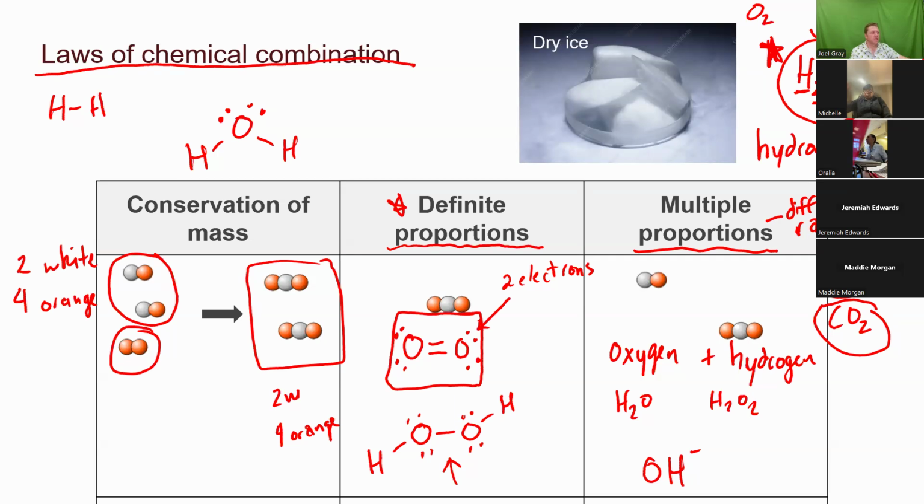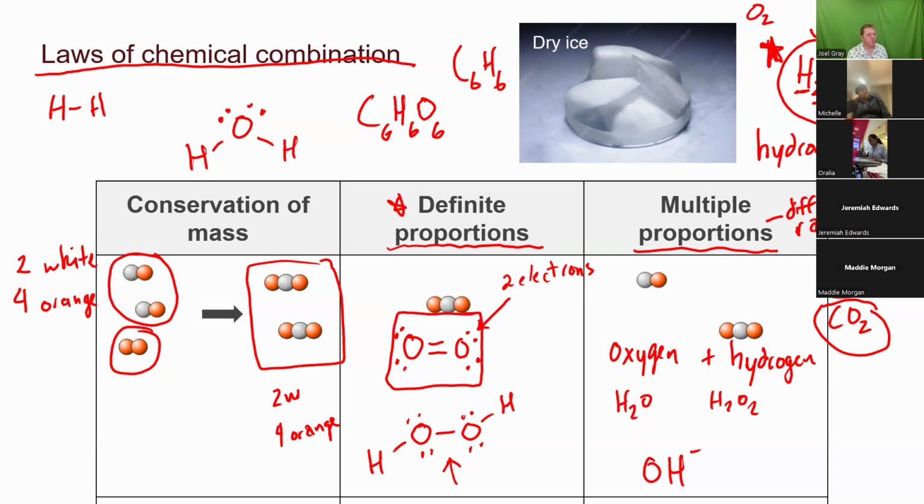So these are definite proportions. Whenever we introduce a new compound, I'll give you a formula. I'll say C6H6O6 or something like that. That is a compound with 6 carbons, 6 hydrogens, and 6 oxygens. That is a different compound than, say, C6H6. So I just want you to be aware of this moving forward.